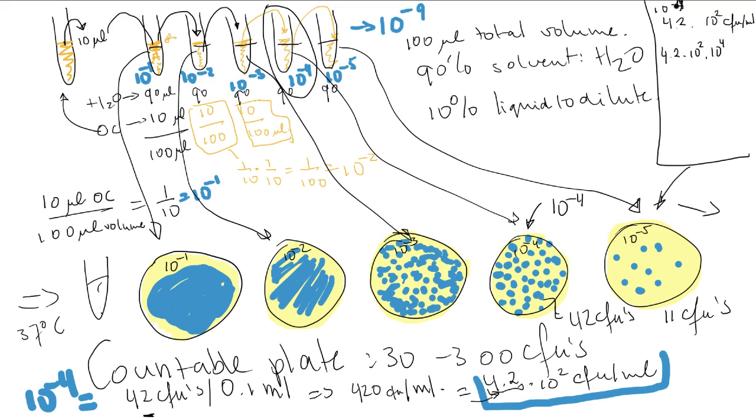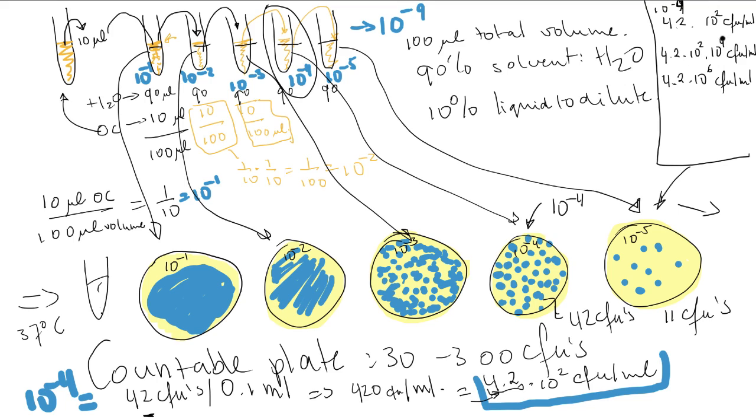To give it back to the original cell density. So that is per milliliter. That is 4.2 times 10 to the 6 colony forming units per milliliter.